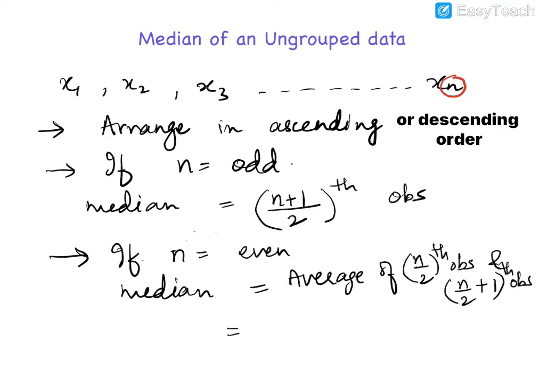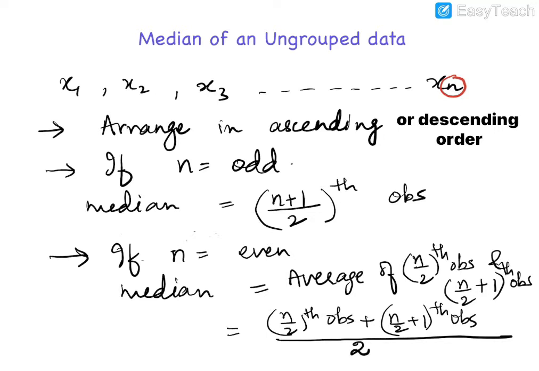This is the same as n upon 2th observation plus n upon 2 plus 1th observation, their sum divided by 2. This is what we have studied in grade 9 for finding the median of an ungrouped data.